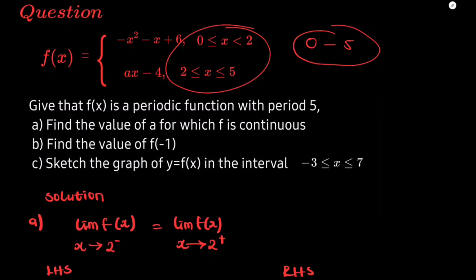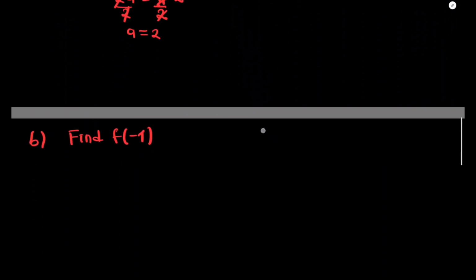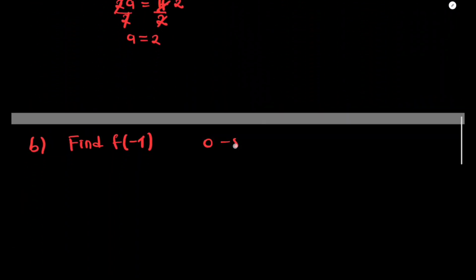So in general, x will range from 0 to 5. We are to find f of minus 1, but minus 1 is not in the range from 0 to 5. If minus 1 was in the range, then we would simply substitute it in the function which fits, but it is not in the range.